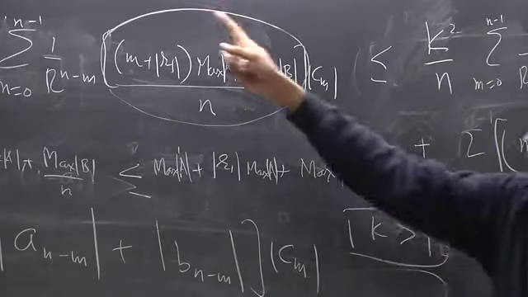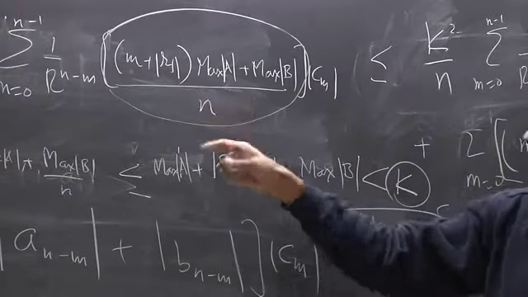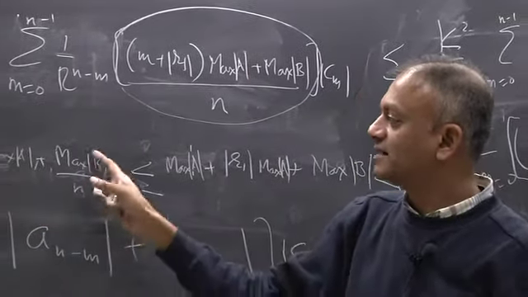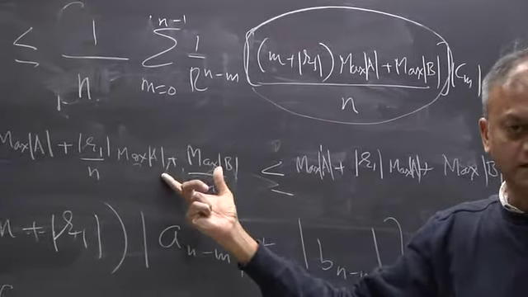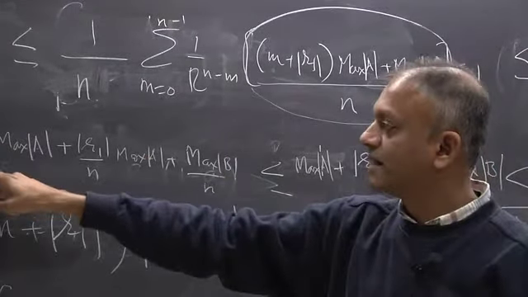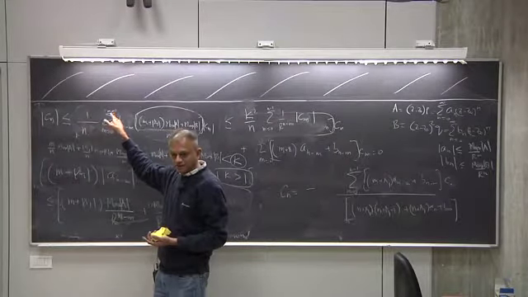The point is to show that this is bounded. Certainly these two terms are bounded. In fact, as you take n larger and larger, this just becomes 0, because this is fixed. But in this term, if you take n large, m can also be large, because there is a summation over m.